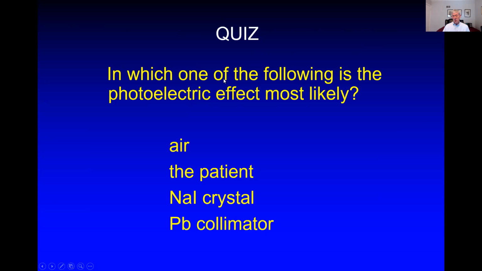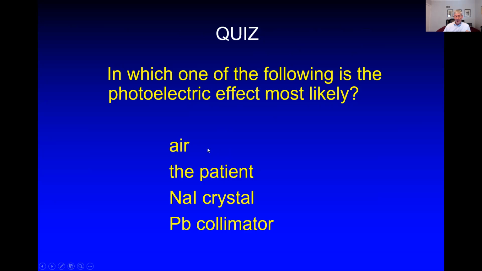Now, I'm going to show you two questions. I have not taught you this yet, but you might have seen it somewhere along the line in a physics book, or perhaps your instructor taught it to you. But here are two questions right off of old exams. In which one of the following is photoelectric effect most likely?